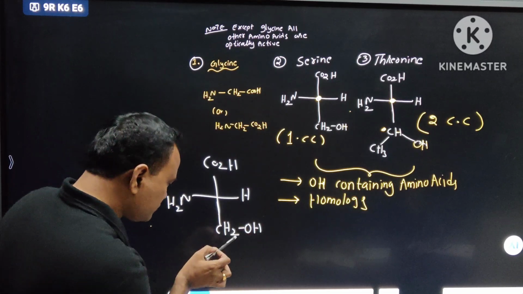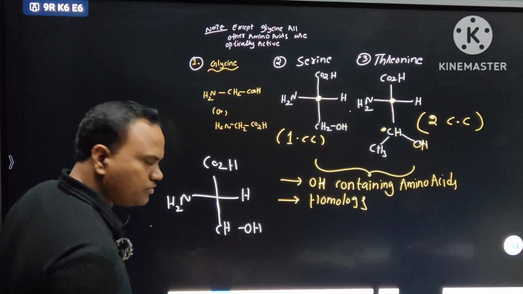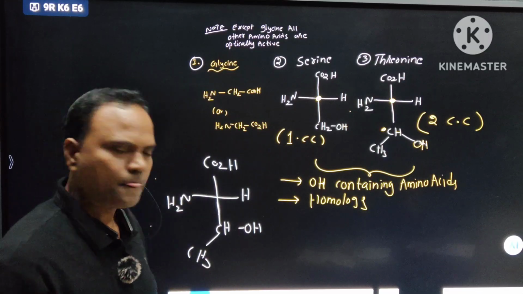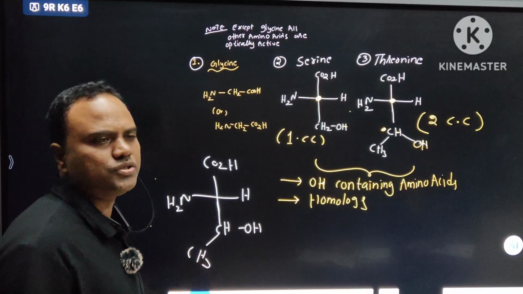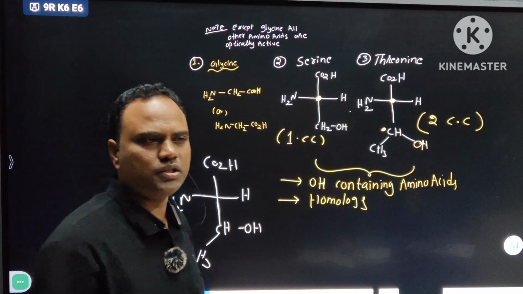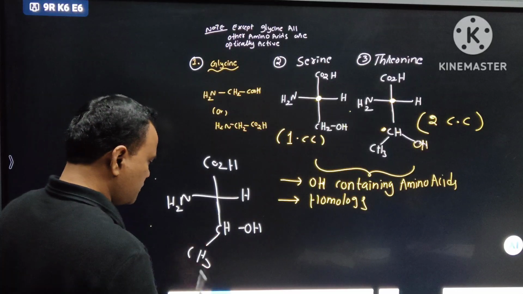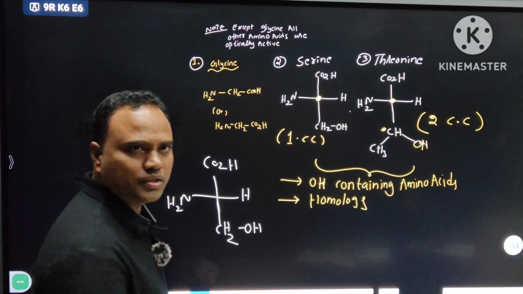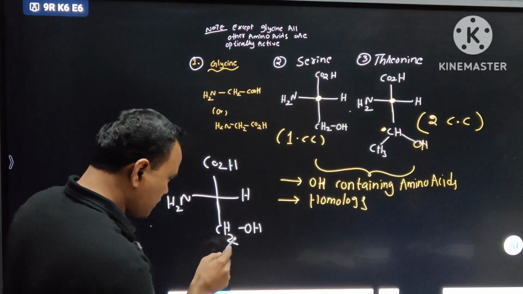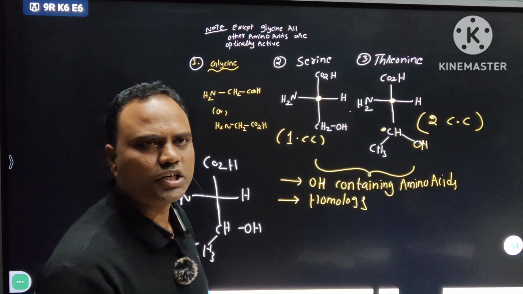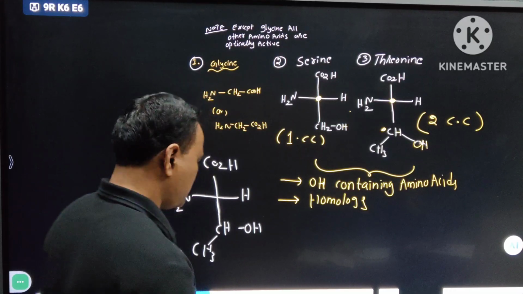Next, in place of hydrogen, put CH3 over CH2OH and CH3. Practice like that. Once again, see, first we write CH2OH. After that, remove one hydrogen and put CH3. Then you will get threonine. Clear?